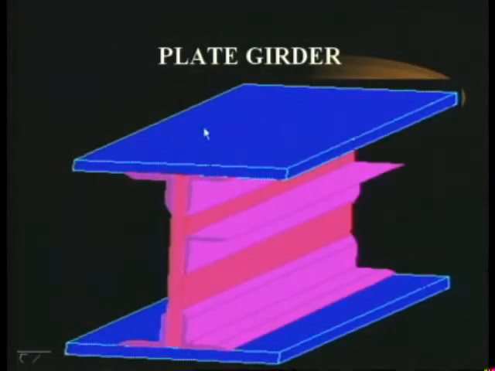Now this is a typical plate girder. See, this is the 3-dimensional view. Please try to identify. This is the web plate. It runs across, the web plate has to run across the span. This is the span. The span may be about 100 meters also, right? So this web plate will run along the span.